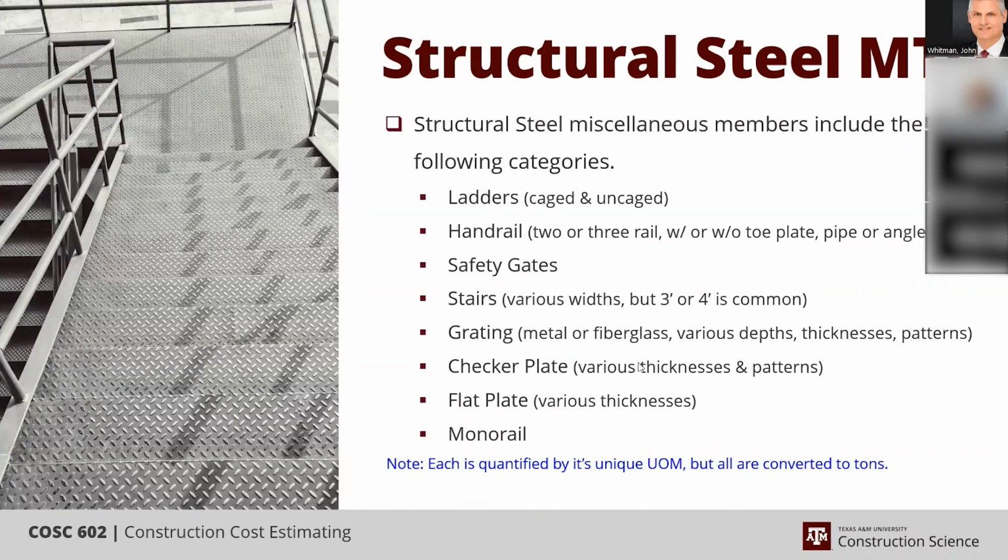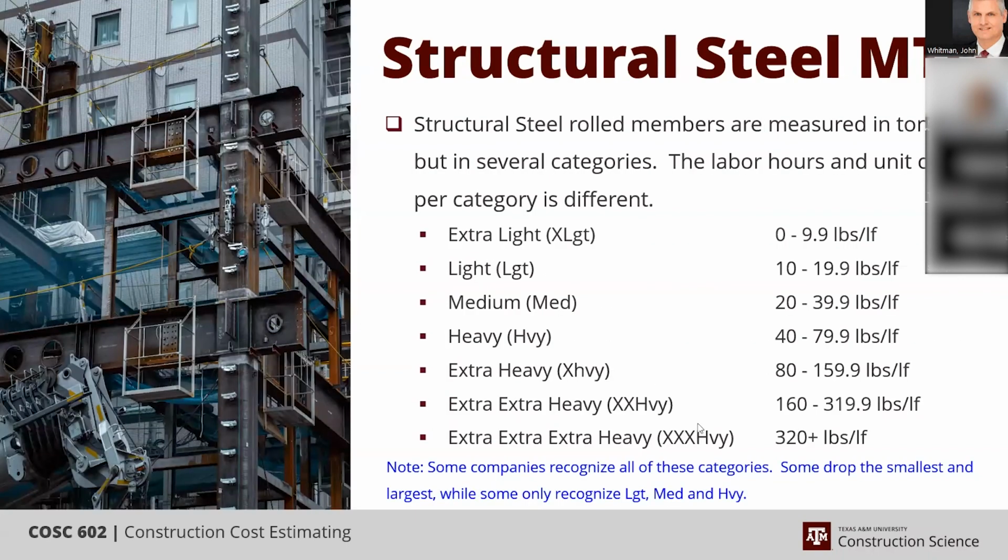A quick question, if you don't mind, and I'm sorry for jumping the gun. For pricing, for example, let's say 20 ton of light and 20 ton of extra heavy, the price with the extra heavy will be higher because it's bigger sections and heavier? No, it'll be much less.